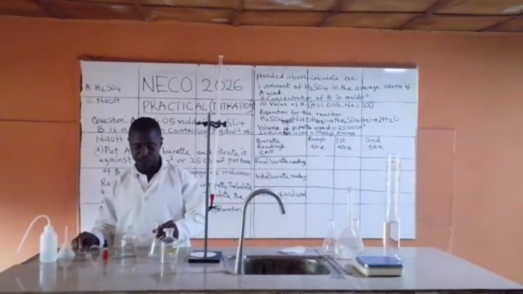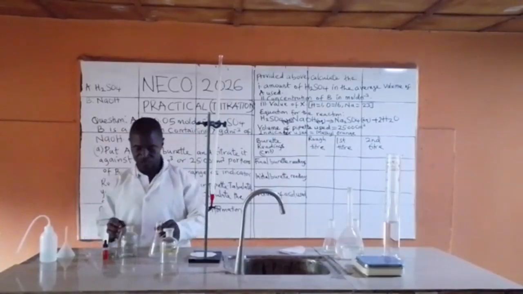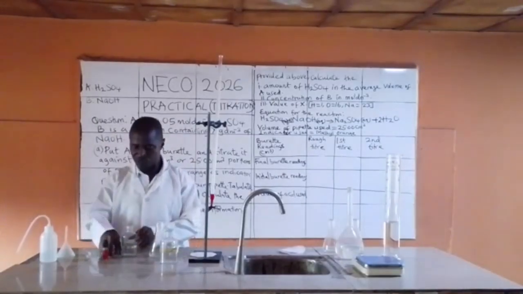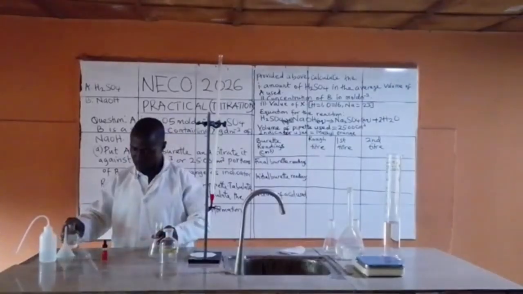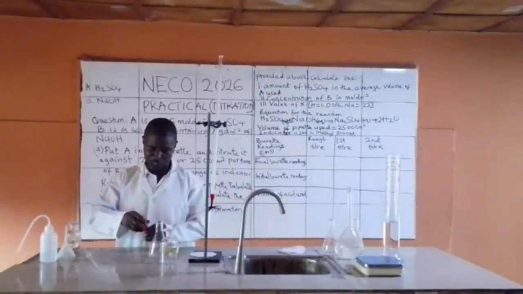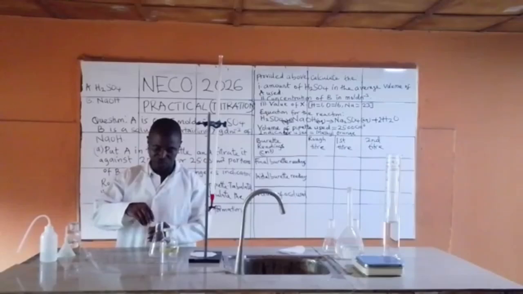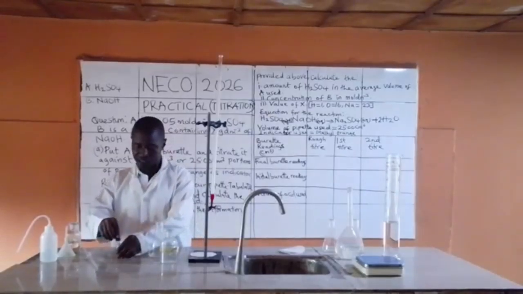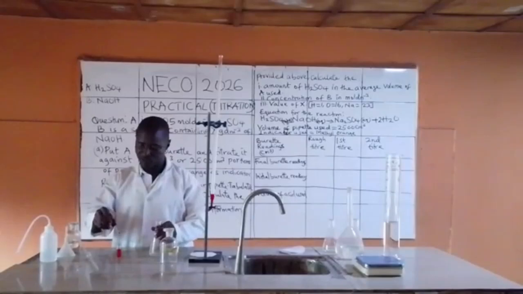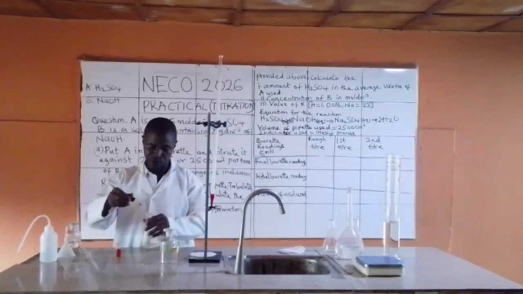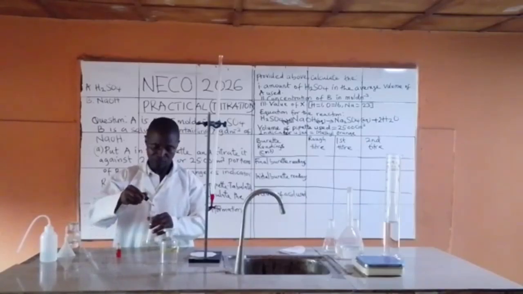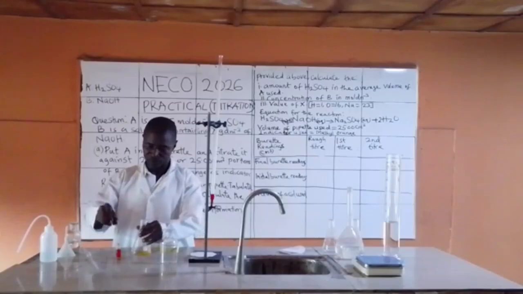After the base has been poured inside the conical flask, our indicator, methyl orange, is to be added. Thus, we are adding 2 drops of methyl orange.